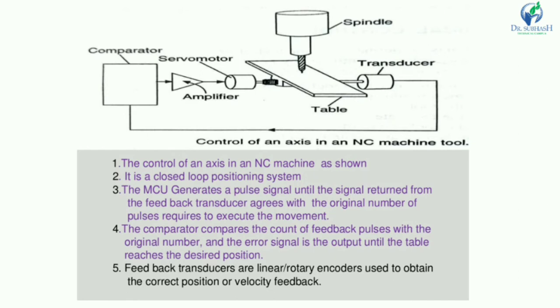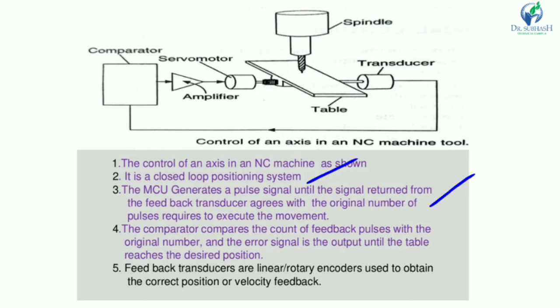Here is the control of an axis in an NC machine tool. The control of an axis in an NC machine is a closed loop positioning system, and the MCU, that is the machine control unit, generates a pulse signal until the signal returned from the feedback transducer agrees with the original number of pulses required to execute the movement.